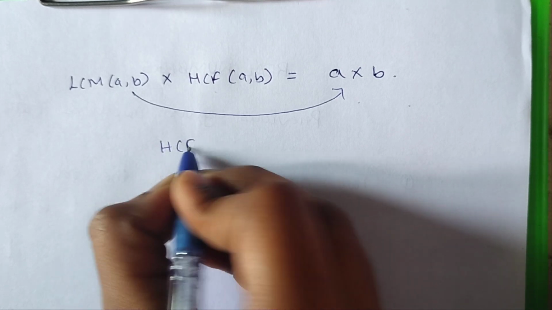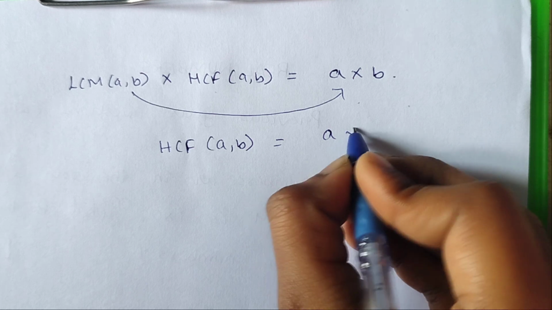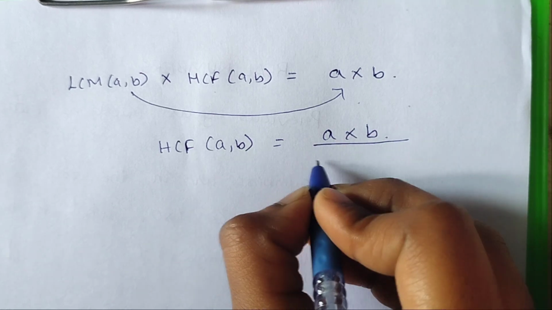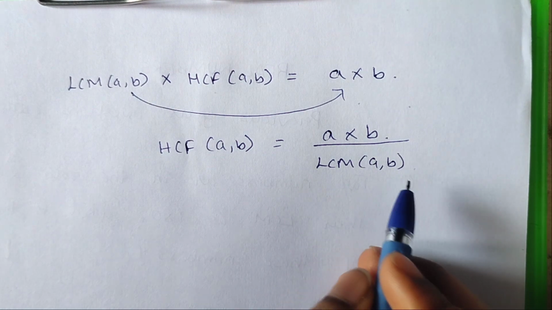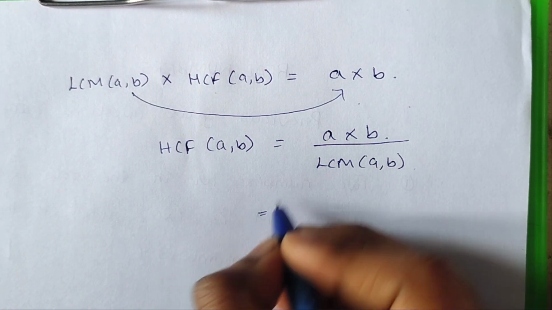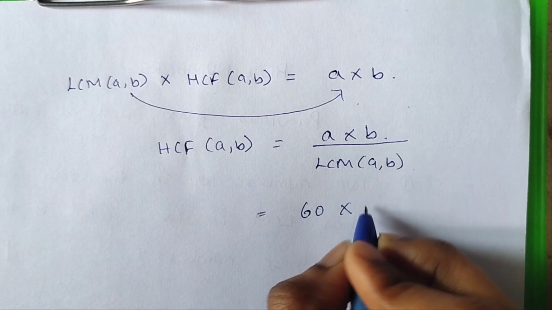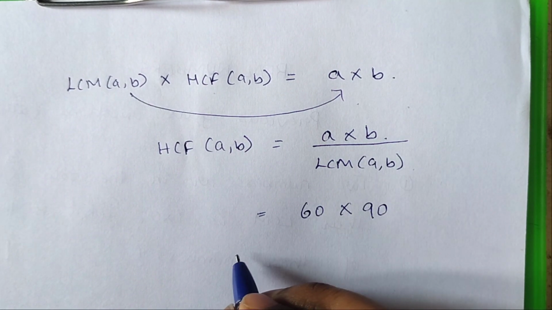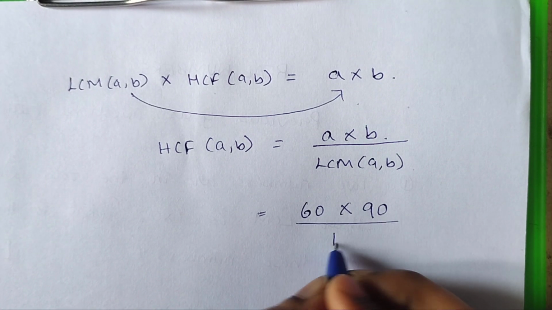HCF is equal to A into B divided by LCM. Substituting A as 60 and B as 90, divided by the LCM given in the question, 180.